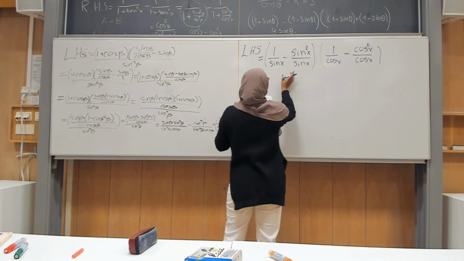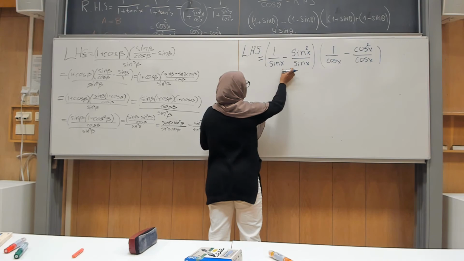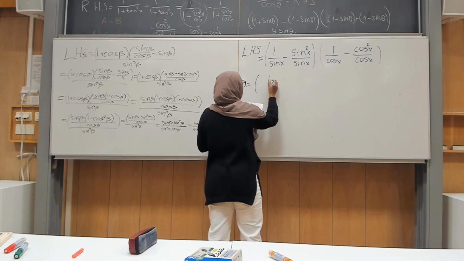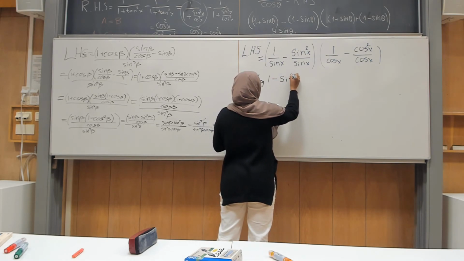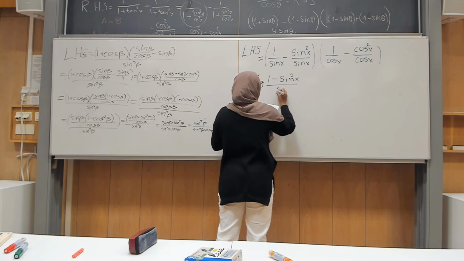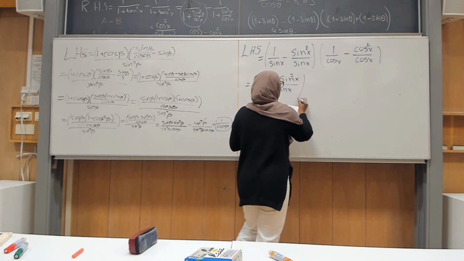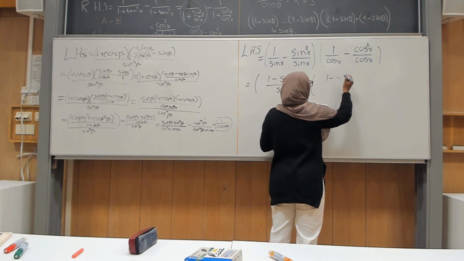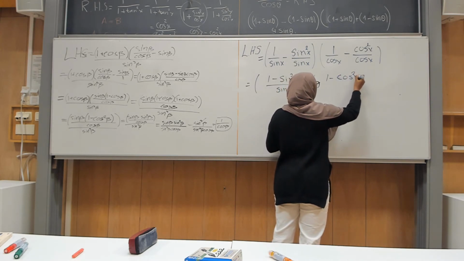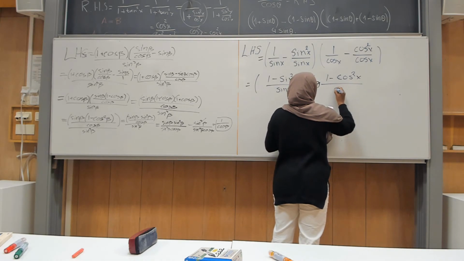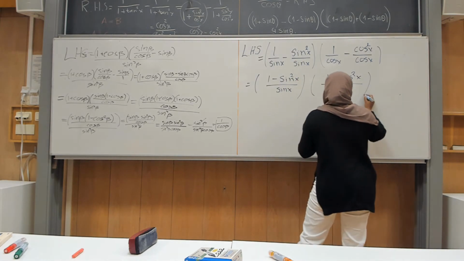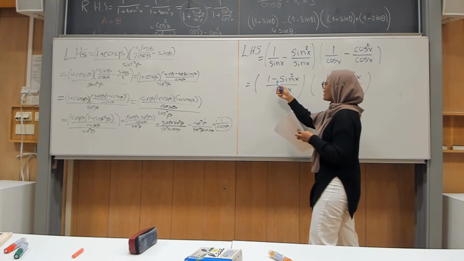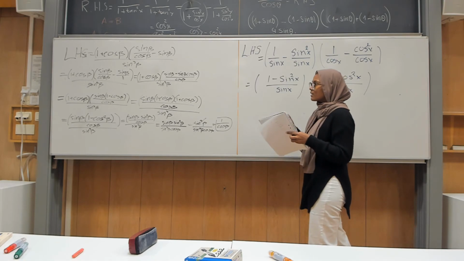Then we can write this under the same denominator: 1 minus sine x squared over sine x. Same here: 1 minus cosine x squared over cosine x. Now we can see this famous combination, and this is equal to cosine x squared.